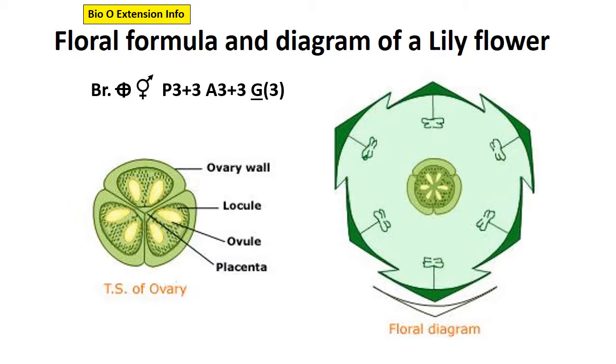We call this the outer whorl and inner whorl. Similarly, the androecium, the stamens, are also arranged similarly because they are attached to the petals or sepals. Now you can tell that in the gynoecium the ovary is superior because the line is under the G. So this is a superior ovary, and there are 3 chambers that are fused together.